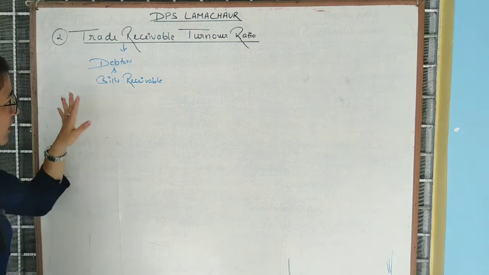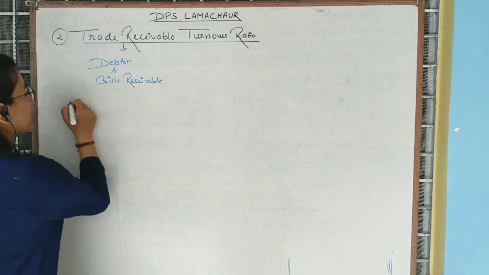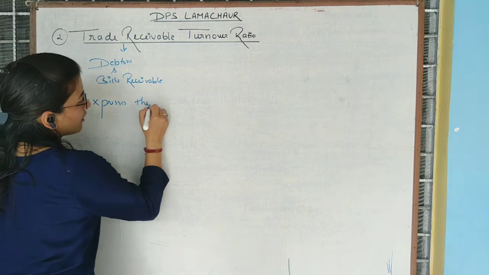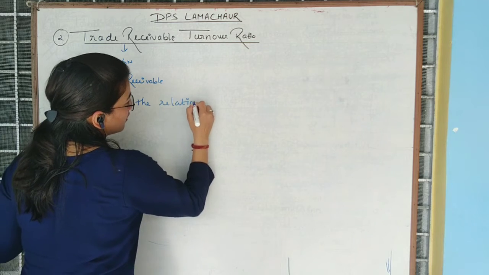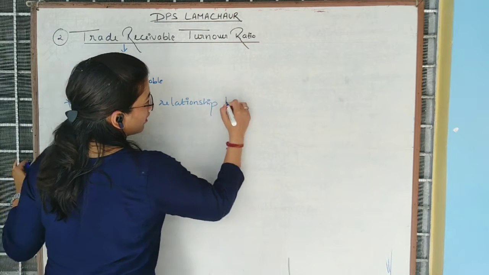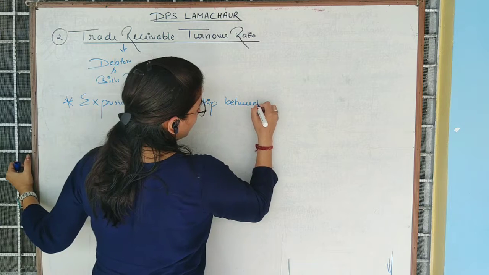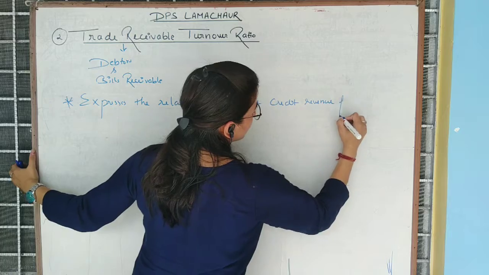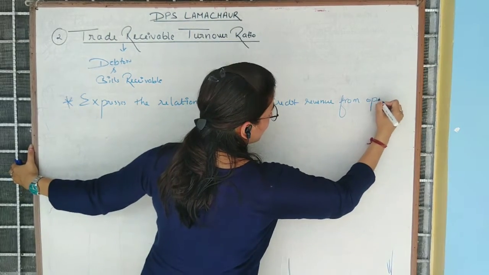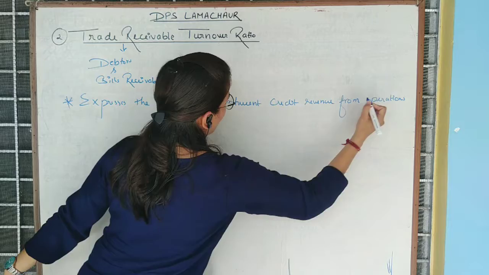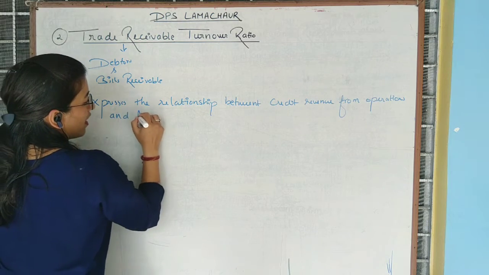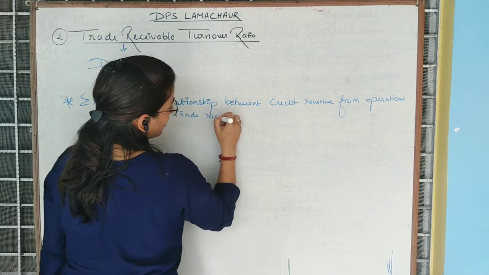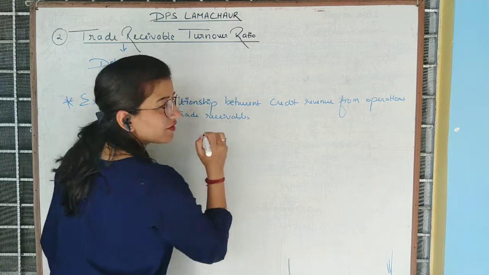Now, trade receivable turnover ratio basically expresses the relationship between credit revenue from operation and average trade receivables.